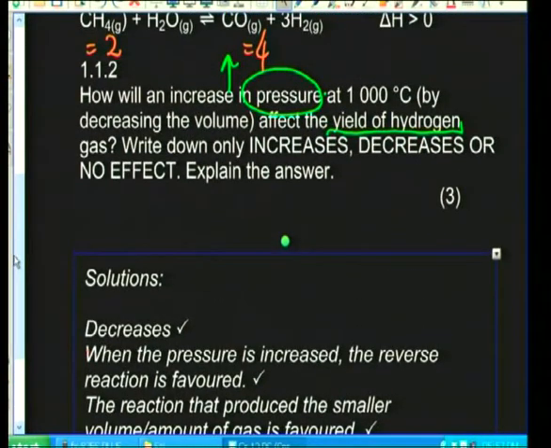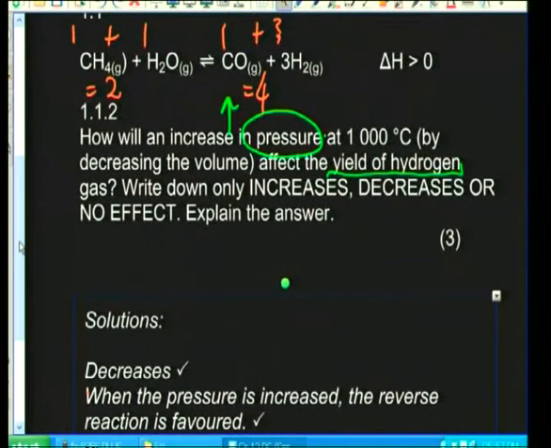The question was the yield of hydrogen. How will it affect the yield of hydrogen? It would decrease the yield of hydrogen because I'm favoring not the forward, but the reverse reaction. So overall, the reaction would be favored in the reverse. So hydrogen production is going to decrease or become lower.